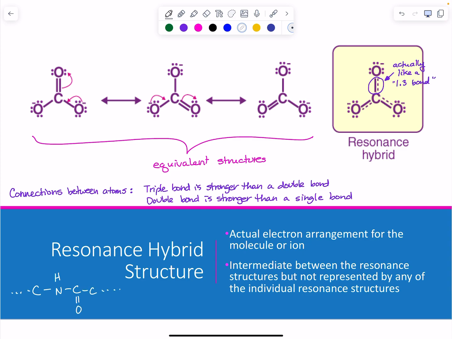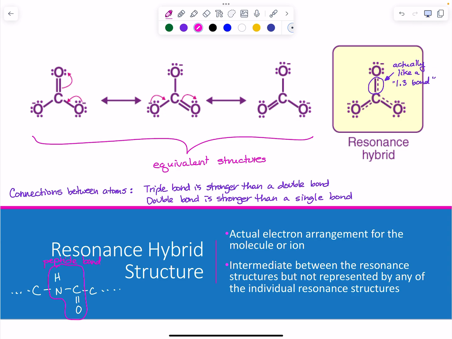Okay, so this right here is a peptide bond. It's the thing that connects the parts of a protein together, okay? So this is the peptide bond.